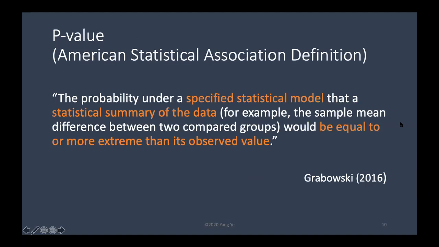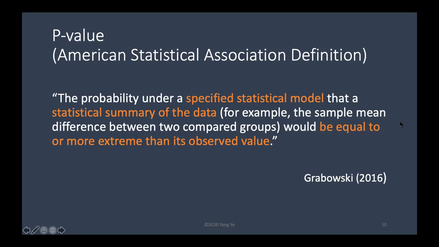And here's the definition provided by the American Statistical Association. Let's look at how it differs from our definition, so we can have a better understanding of what it is. It says it is the probability under a specified statistical model that a statistical summary of the data, for example, the sample mean difference between two compared groups, would be equal to or more extreme than its observed value.